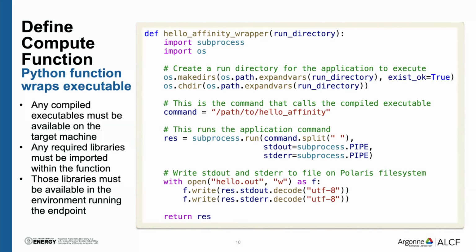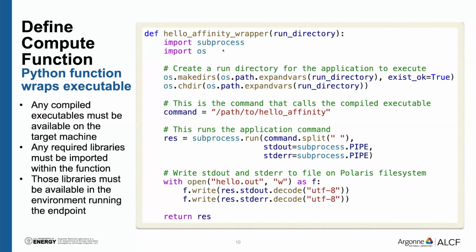But I'm going to show you here a slightly more complicated example of how you execute a compiled executable. And in this case, Hello Affinity is a little C++ program that just reports things about what GPUs and CPUs it is running on.